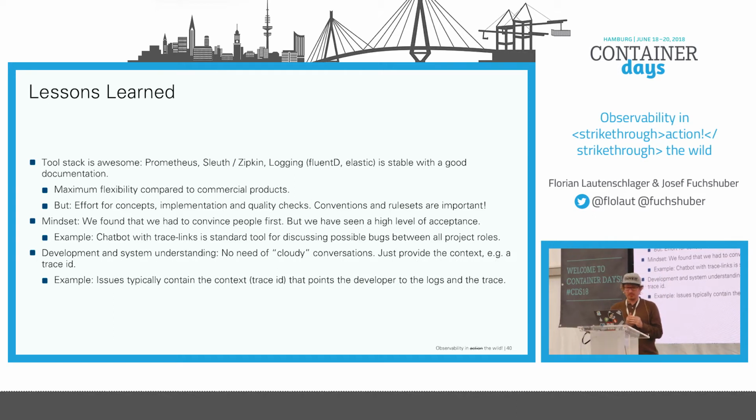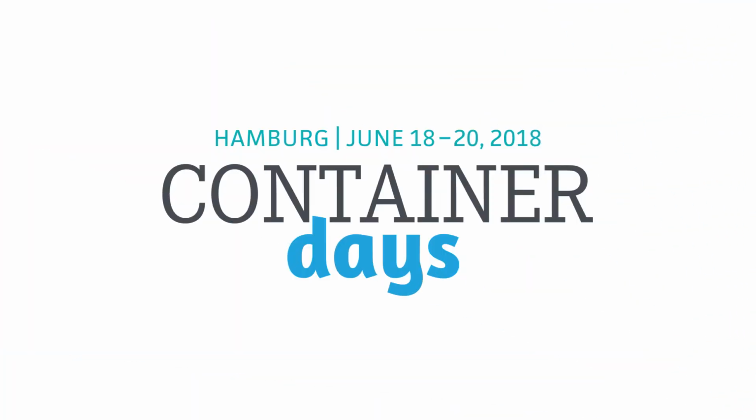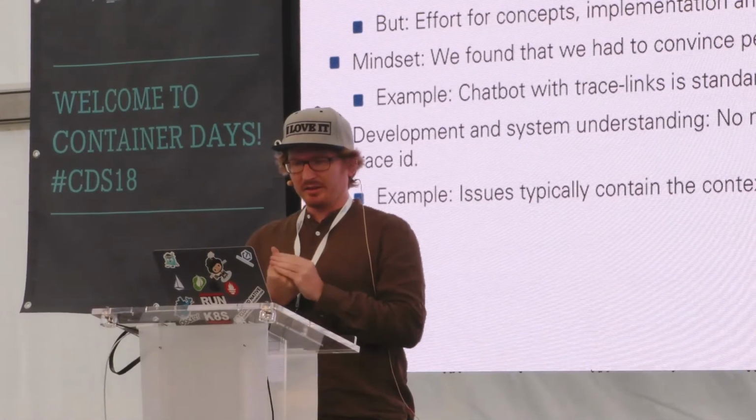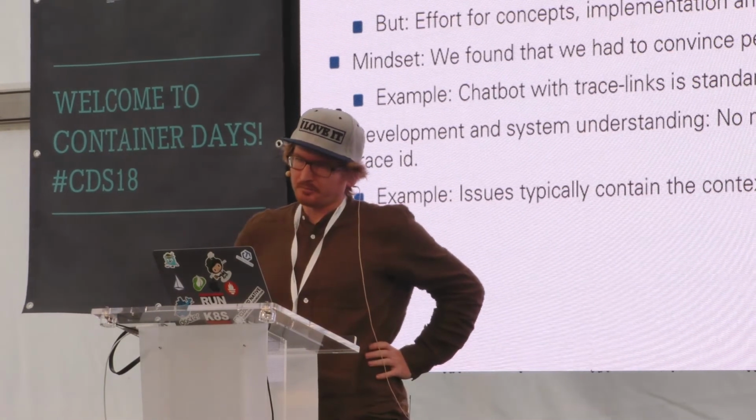Yeah, it makes fun to use it. And we have more flexibility than with commercial products. But there is the effort to do it yourself and to maintain it. But it's open source. You can make pull requests and share this all together.